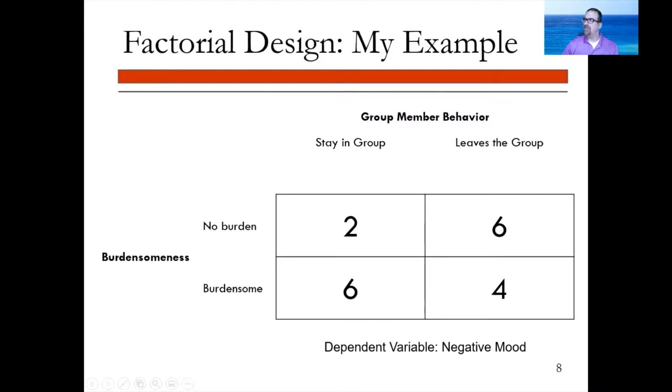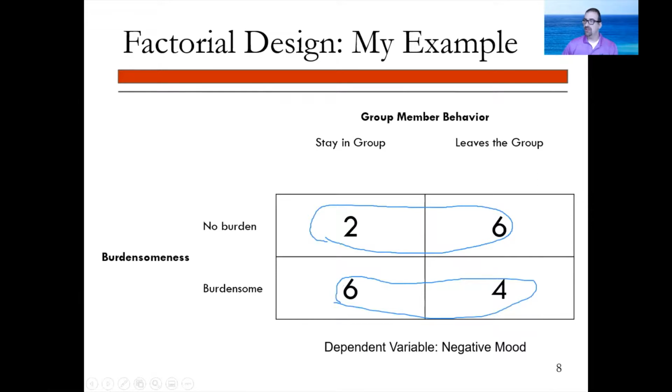We can process this a little bit more and think it through. What we basically have here is that there's a difference between staying in a group versus the group member leaving when there's no burden. We also see that there's a difference between all the group members staying versus one leaving when they're burdensome.